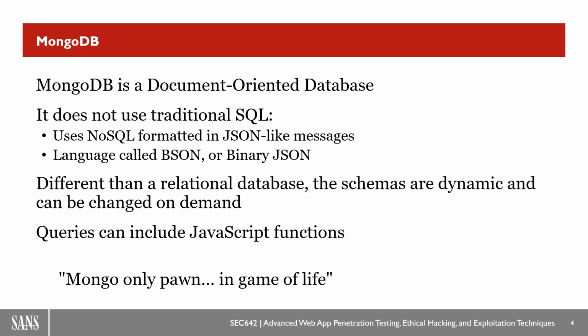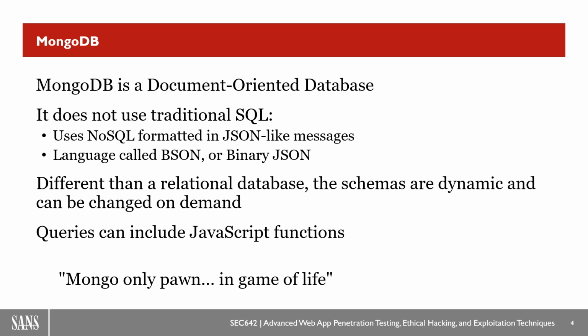So here's a very clear difference. In a relational database, the schema, meaning the design of the database, the fields and the tables and their primary keys, that's the schema. In MongoDB, the schema is dynamic, and if you insert new name value pairs, you just change the schema. It changes on demand.